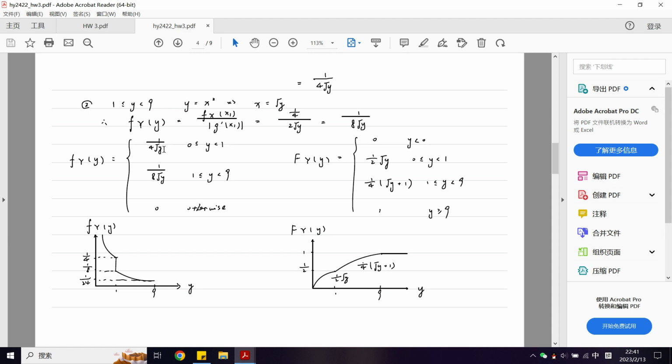So finally, above all the conditions, we get that small fy from 0 to 1 is the reciprocal of 4 times square root y, and from 1 to 9 is the reciprocal of 8 times square root y, and otherwise it will be 0.